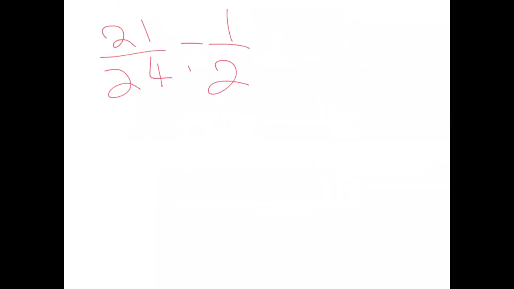Now we're gonna subtract these fractions. So they're not the same numbers, so we have to find the least common multiple of 24 and 2, which is 24. So 21 over 24 is the same, but we have to multiply 2 by 12 and the 1 by 12, so it equals the same number.